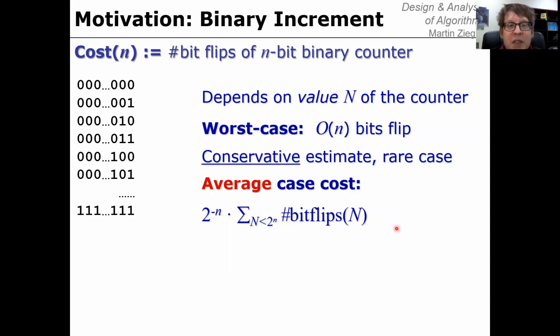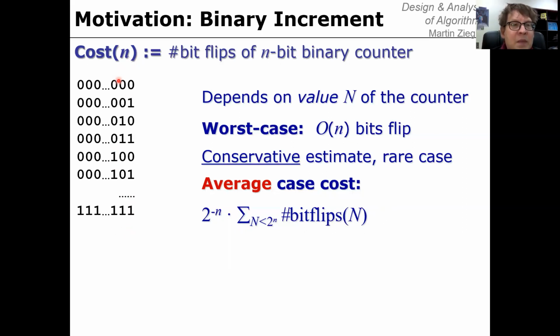And superficially, this seems complicated, but here's a trick. We change the order of summation. We first count how often does only one bit flip. Then we count how often do 2 bits flip. Or more precisely, how often does the least significant bit flip?